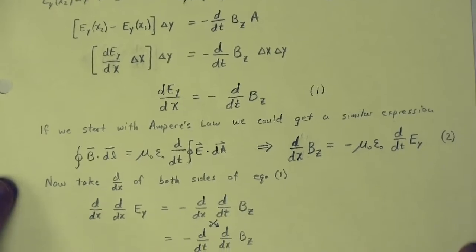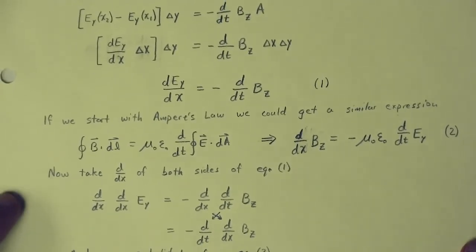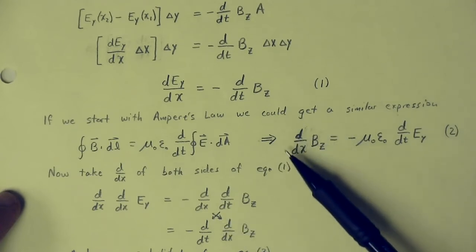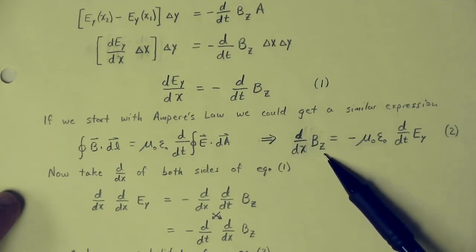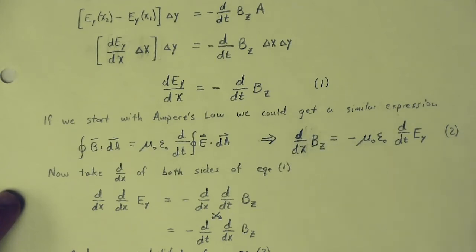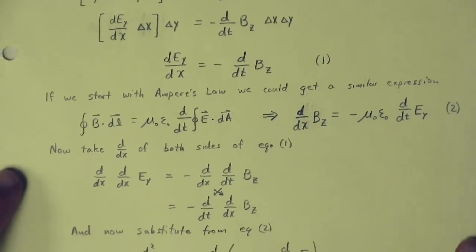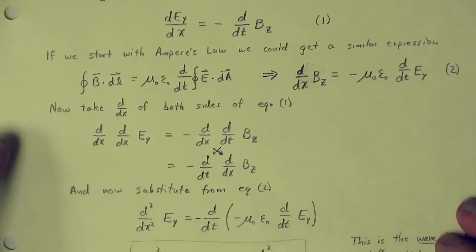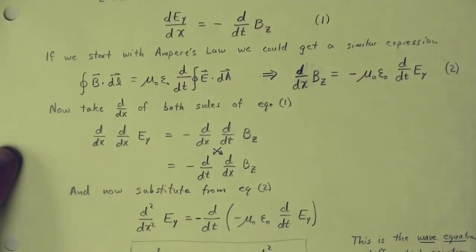You're allowed to do that. If you're going to take two derivatives, you can take them in either order. And so let's switch the order of those two, because if we do, then we get a quantity over here that we actually have in our second equation. And we can substitute. So let's substitute. And if we substitute from equation 2, then what you have here on the left, I just wrote it as the second derivative rather than two derivatives in a row.